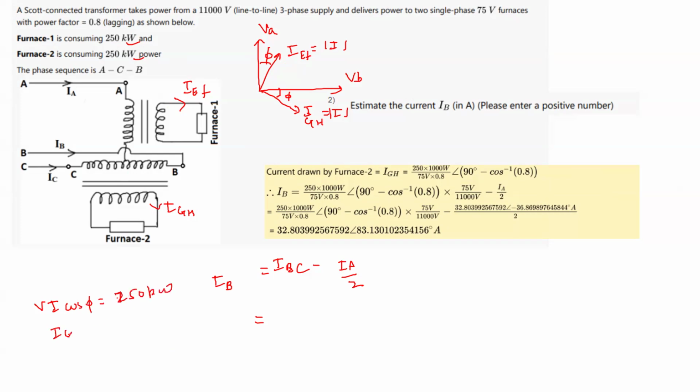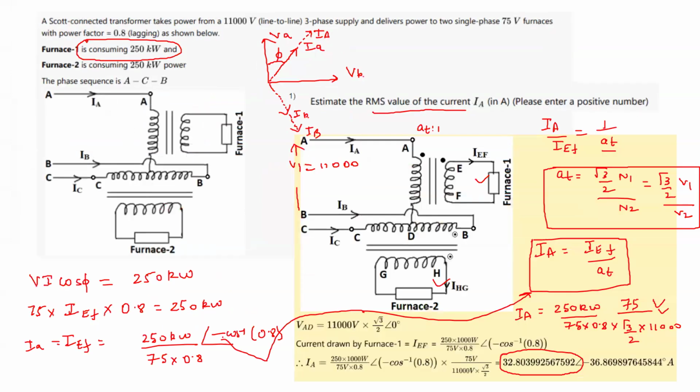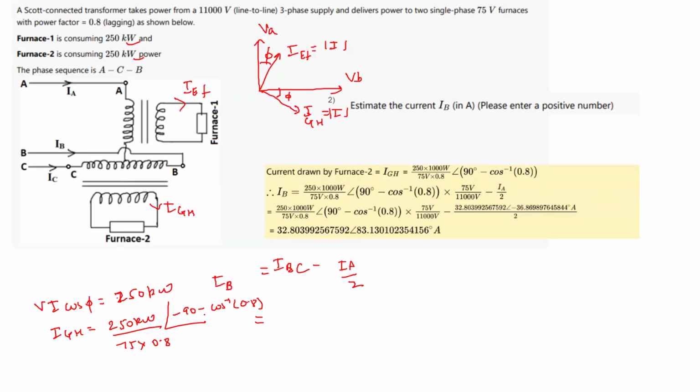So IGH will be 250 kilowatt by 75 into 0.8, and this angle I am taking as minus 90 minus cos inverse 0.8. Minus 90, why? Because here I took it as minus cos inverse 0.8. I can either write it as 90 minus cos inverse 0.8. But among them, there should be a 90-degree phase shift.